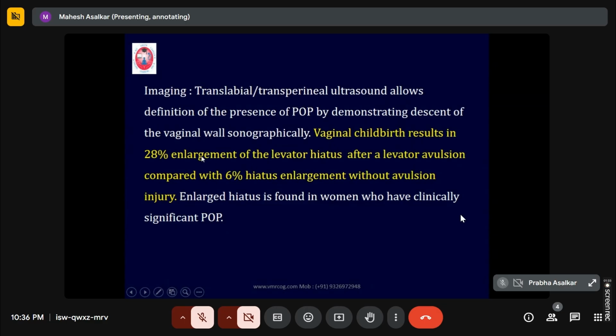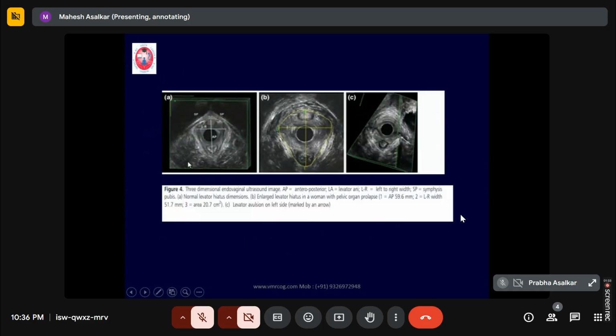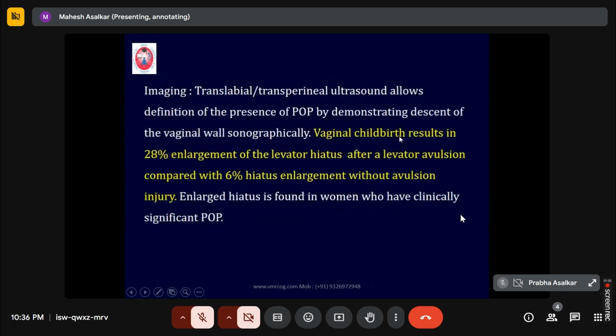So enlarged hiatus is found in women who have clinically significant pelvic organ prolapse.